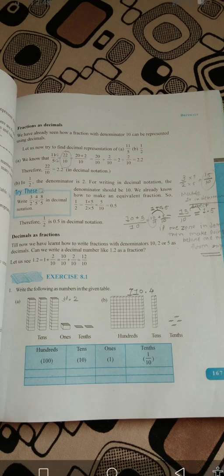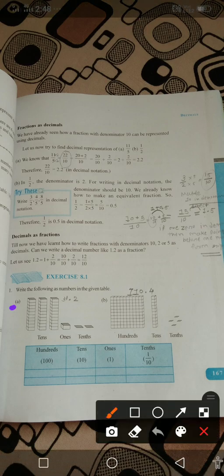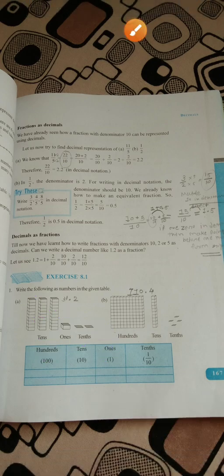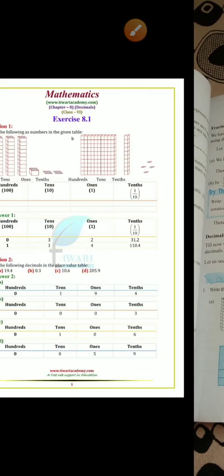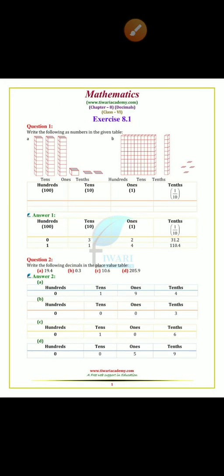See here it is already given, 1, 2 and 3, that is 10, 10, 10. So we have to write 3 here, 1 here, and this is the point, and tenths means 2. Okay, so 31.2. In that way you can do the second one. See here that exercise is given.